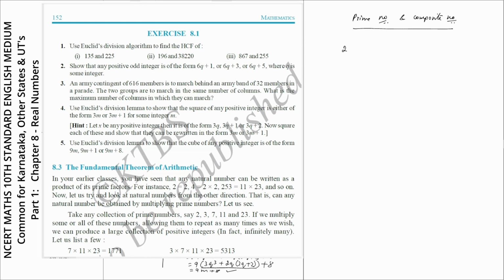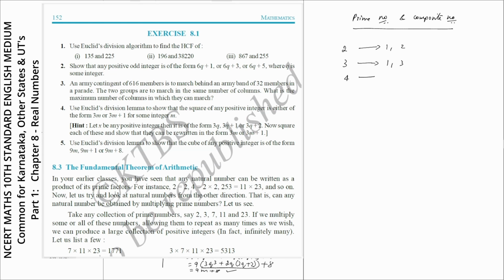Factors of 2 are 1 and 2. So what are prime numbers? Prime numbers are numbers which have only 1 and itself as the factor. So 2 is a prime number. Now you take the number 3, this has factors 1 and 3, so even this is a prime number.